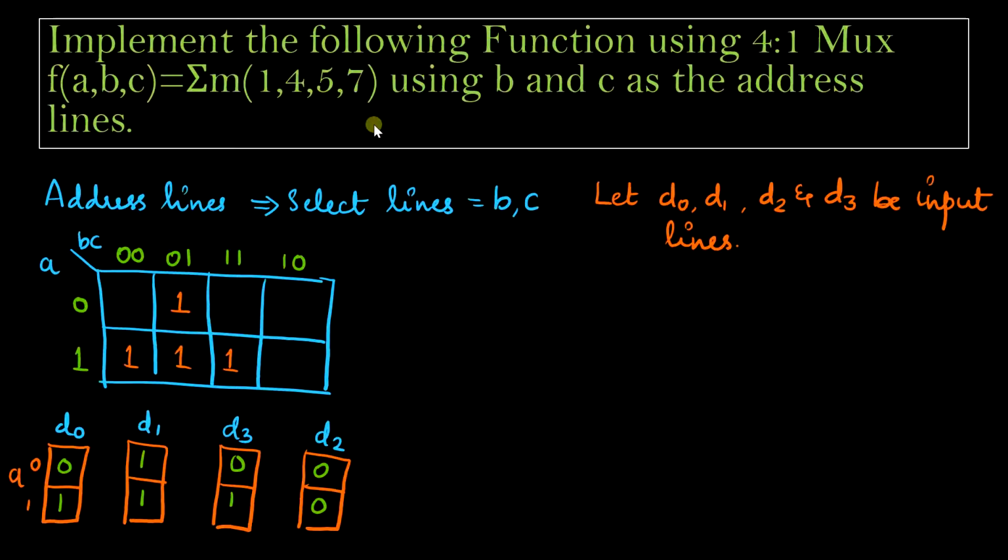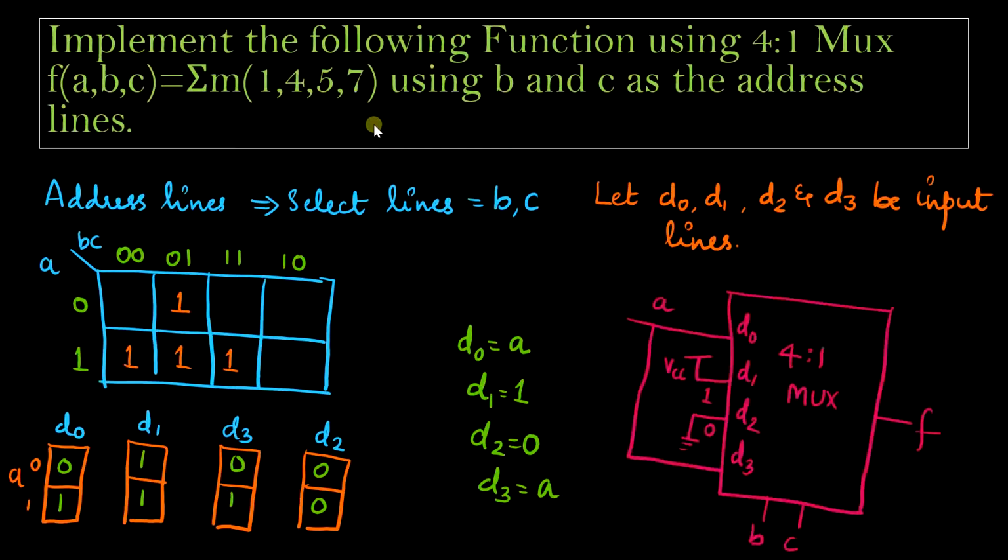So I can write the expression for D0, D1, D2 and D3 in this form and draw the mux by giving logic 1 to VCC and D2 equal to 0 corresponding to the ground, with B and C as the select lines.